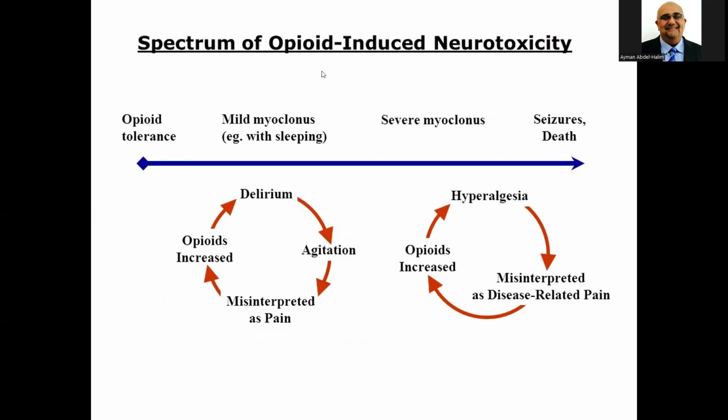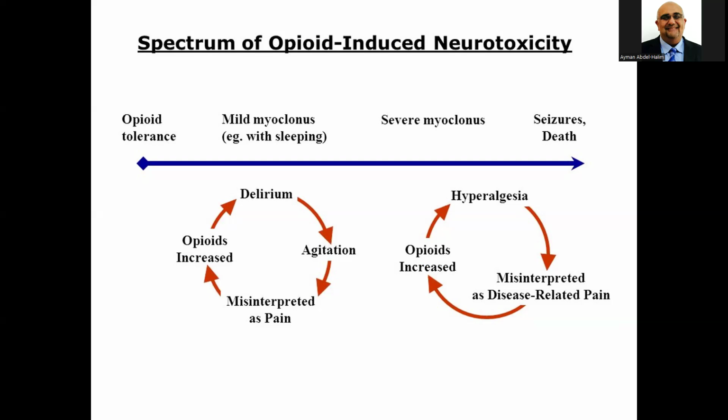Okay, I just put this picture to give you an idea about the opioid-induced neurotoxicity in general. It's a spectrum. Okay, it starts from tolerance, ends with seizures. In between this spectrum, you can develop delirium.